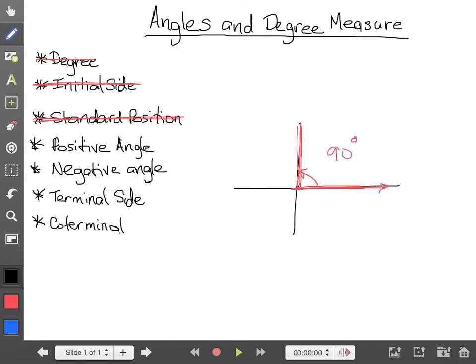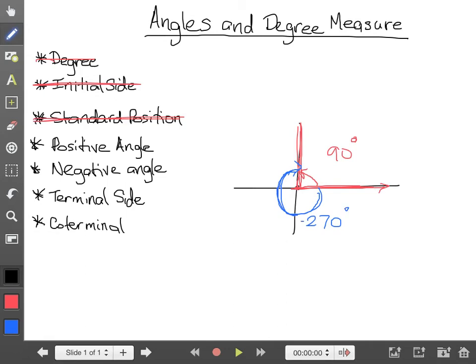I'm sure all of you would agree. However, if I go in this direction, it is no longer considered a 90-degree angle because we went 90, 180, 270. We went 270 degrees. But going clockwise, our angle is negative.